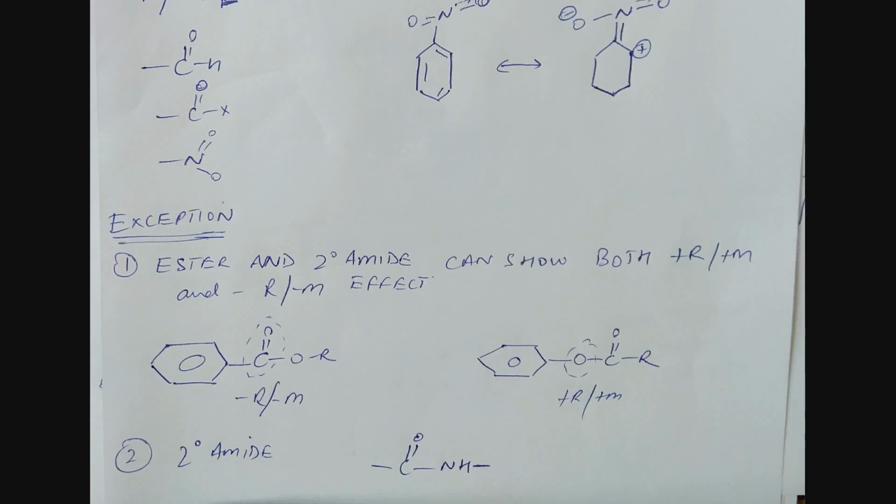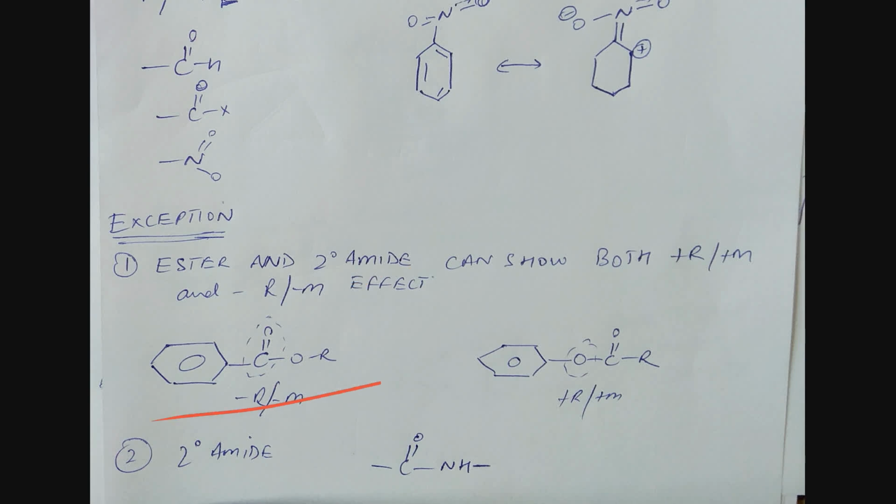Now there is an exception as well. There are many groups, in fact not too many, but there are some groups which can show both effects, that is the plus R effect and the minus R effect, simultaneously. It depends only on how they are attached. Like we have ester and secondary amide, which can show both these effects.